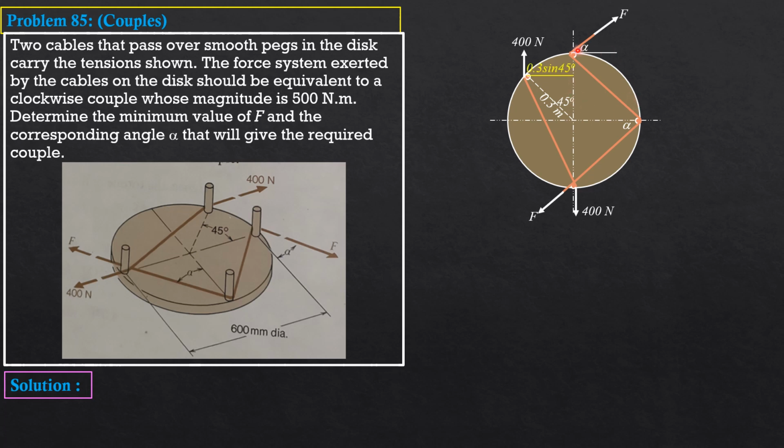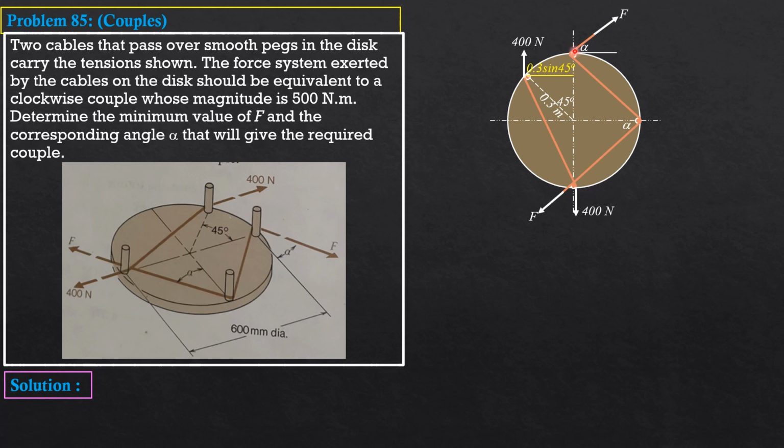So that F will be minimum, then F and this moment arm, these two, the line of action of F must be perpendicular to this distance, because this is the maximum perpendicular distance.